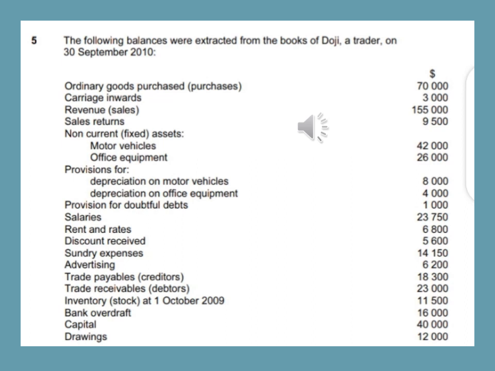Opening inventory is there, bank overdraft is there. That shows that the bank balance is not an asset, it's an overdraft. Let me revise what bank overdraft was. Bank overdraft is the amount that we withdraw from the bank more than the balance we had in our account.